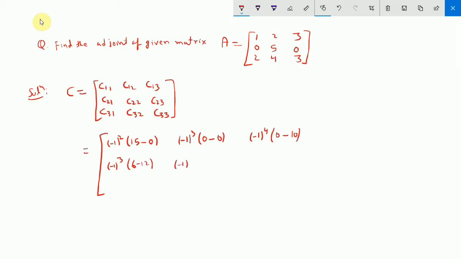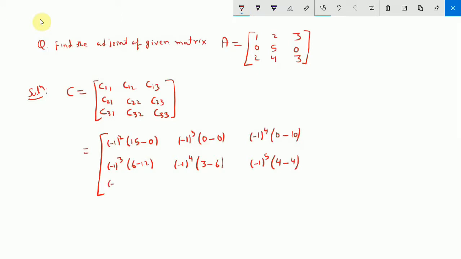C22 will be minus 1 to the power 4, and 1 into 3, that is 3, minus 2 into 3, 6. C23 will be minus 1 to the power 5, and we will get 1 into 4, that is 4, minus 2 into 2. So again it is 4.